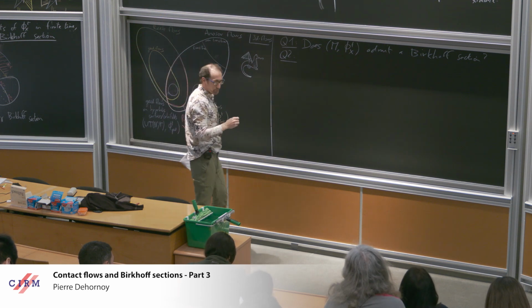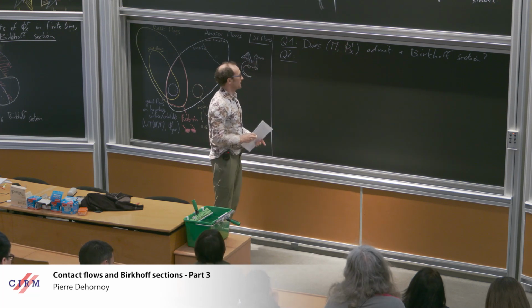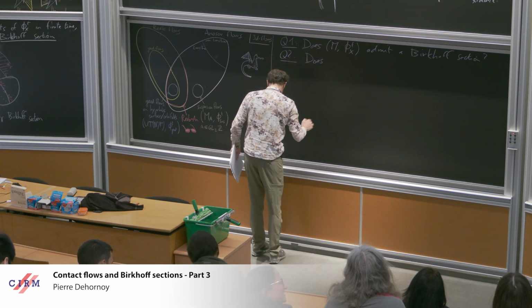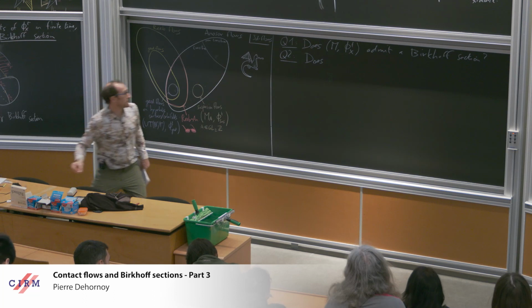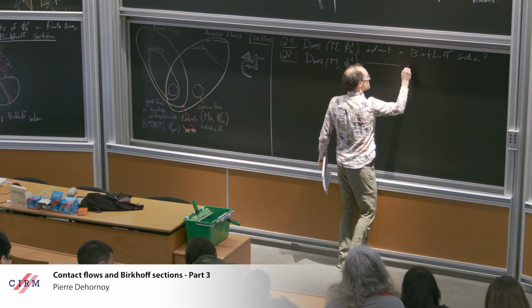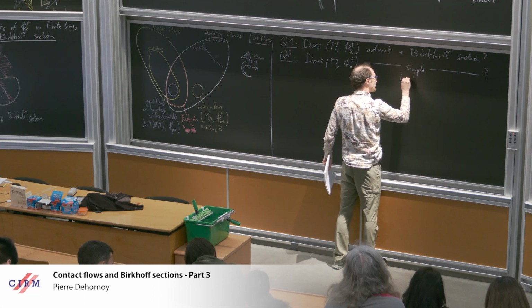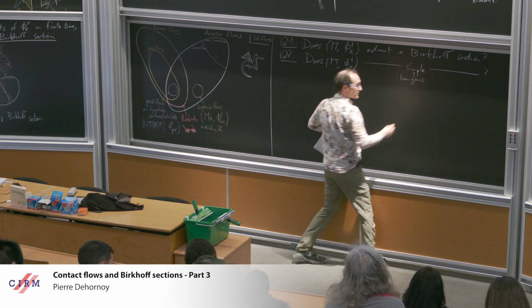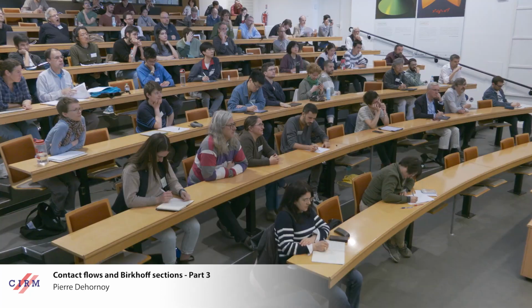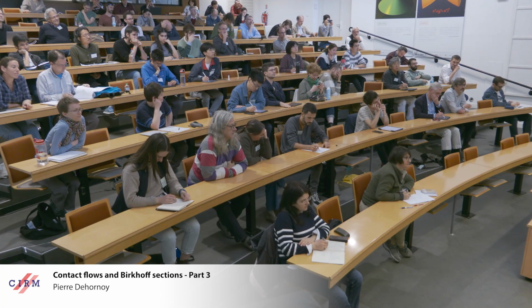Here, no hypothesis, it's a general question. The second question, assuming there is a Birkhoff section, does (M, φ_t) admit a simple Birkhoff section? And what I mean by simple is low genus. Because I am a topologist, so I like low genus surfaces. For example, here I had genus 1. I was happy.